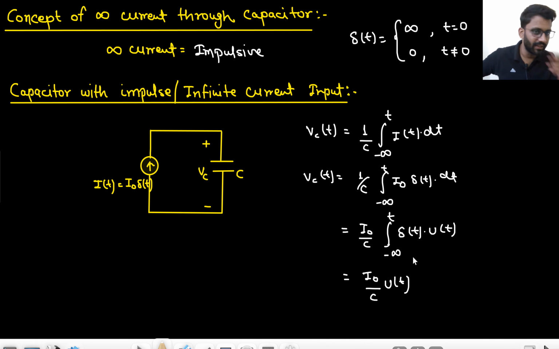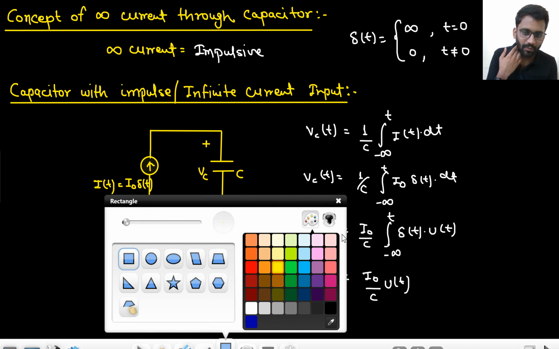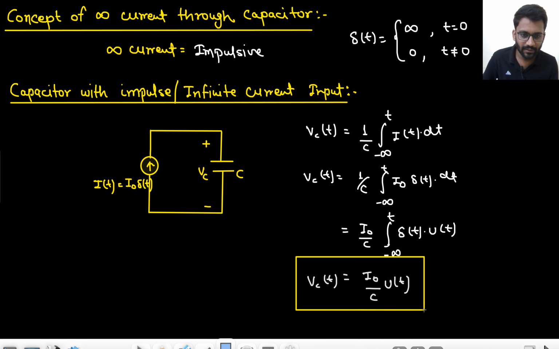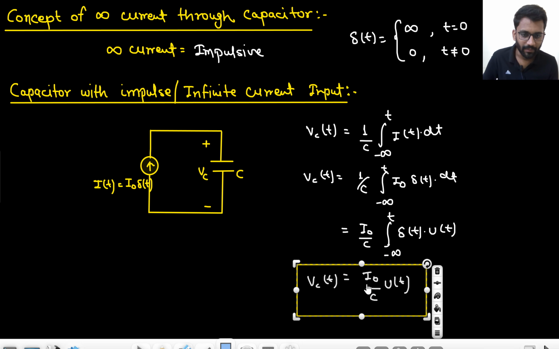I have told you the integration of impulse will be step, and the integration of step will be ramp. In differentiation we go the other way: differentiation of ramp will be step, and differentiation of step will be impulse. So the expression of VC(t) came out to be I naught by C u(t), a step.